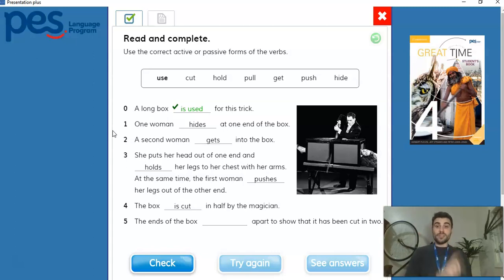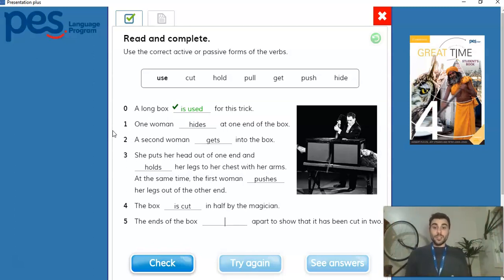Okay, so remember this. And finally, number 5, the ends of the box apart to show that it has been cut into. So something is done to the ends of the box. It's not the ends of the box, they do something, especially because it's really difficult to imagine the ends of a box, so the final parts of the box doing something.